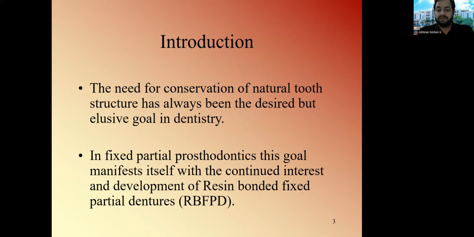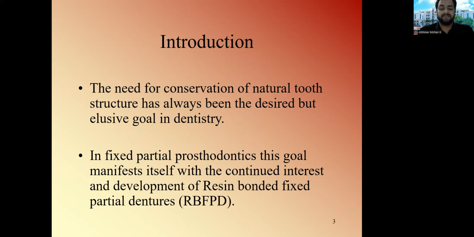The need for conservation of natural tooth structure has always been desired, but is a very elusive goal in dentistry, because most of the rehabilitative procedures we do include conventional processes which may require tooth preparation, that is, a radical tooth preparation for a full coverage retainer on the abutments, which is going to support the missing teeth.